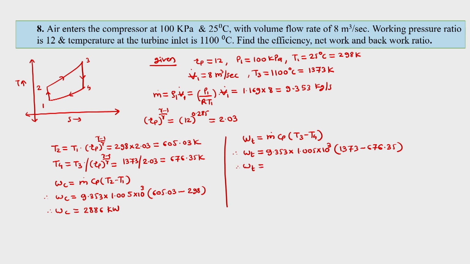So this gives us turbine work as 6548.35 kilowatt. So the asked quantity is net work, which is Wt minus Wc, and it turns out to be 3662.34 kilowatt. Further, we are also asked to calculate back work ratio, which is compressor work divided by turbine work. So it is 44.07%.